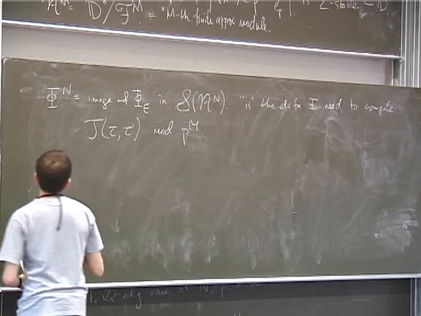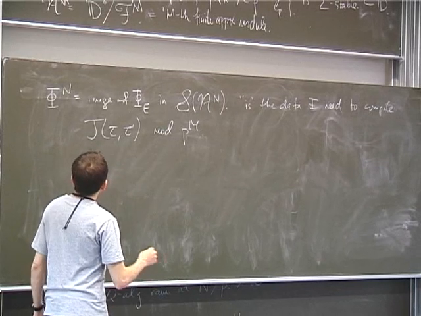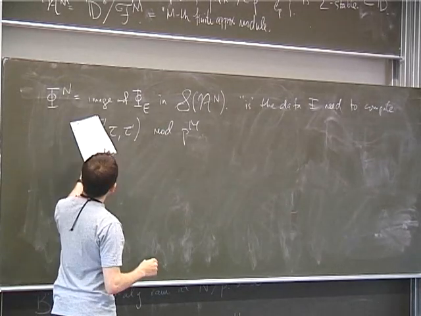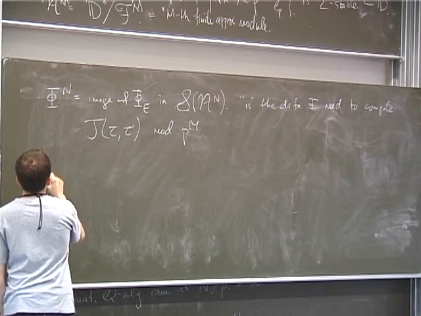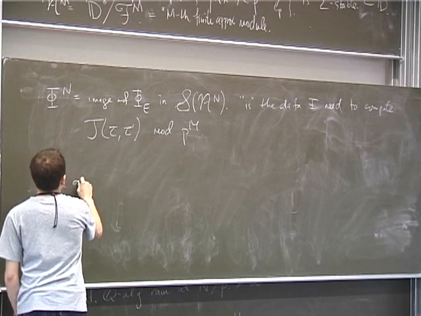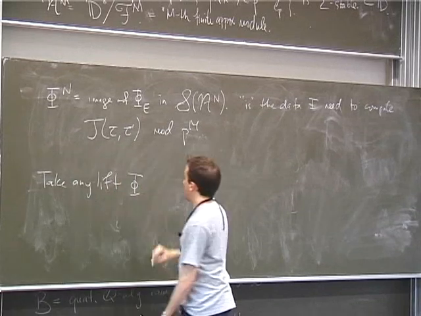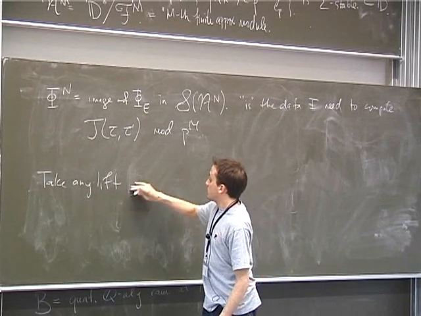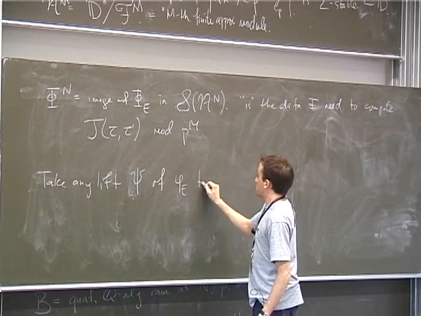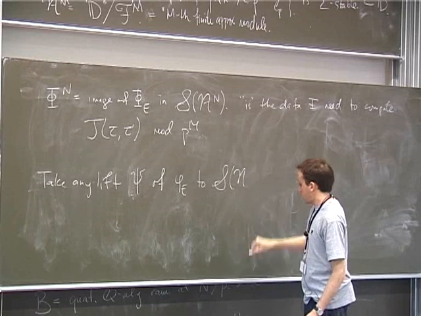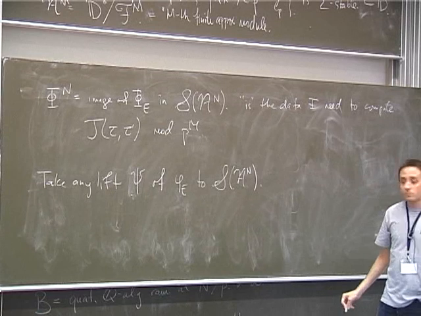I'll say more about this tomorrow when we talk about conjectures and other computations we want to do. But the way you compute this phi_n is you take any lift, phi, of psi of phi to s of A_n, any lift at all.